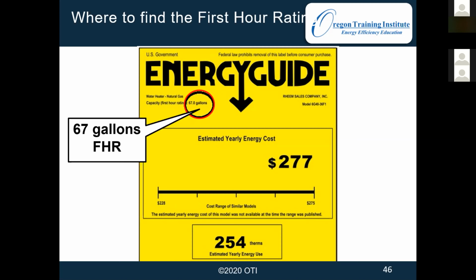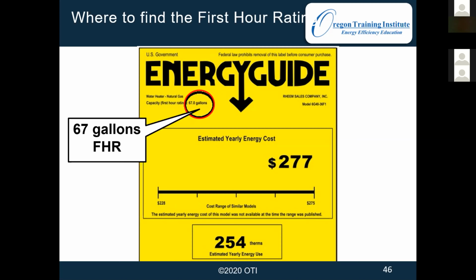And different types of water heaters will have a different first hour rating. Gas is going to heat up far quicker than electric, and electric's going to heat up quicker than a heat pump. A heat pump water heater can take several hours, if not most of the day, to heat back up all that water.